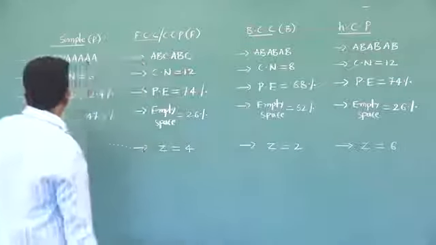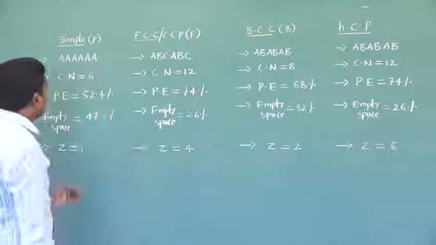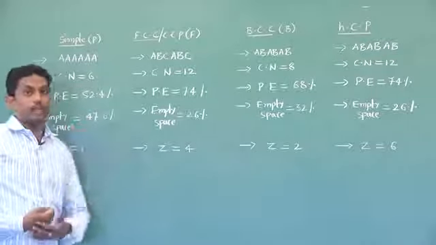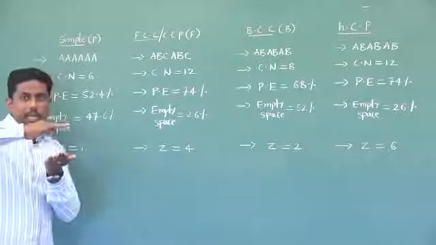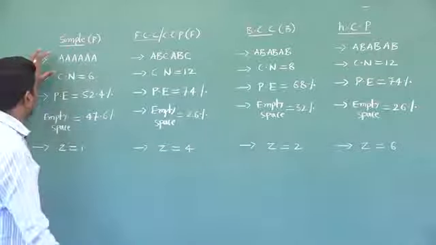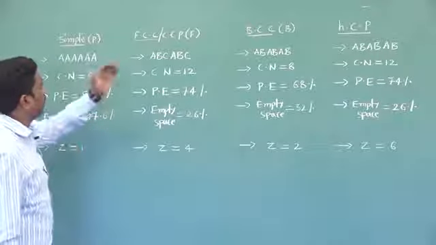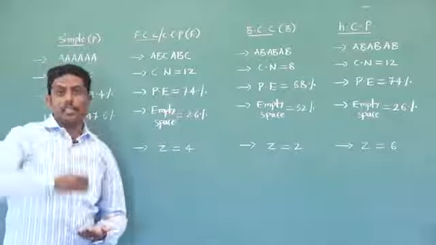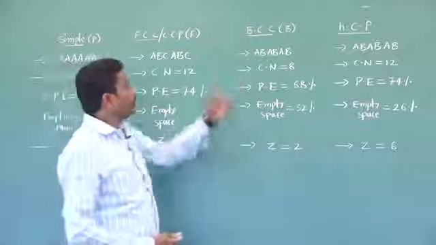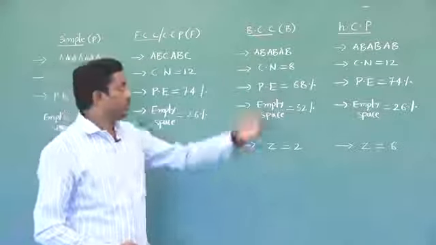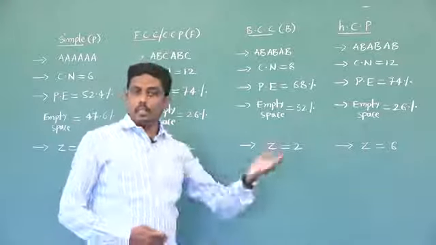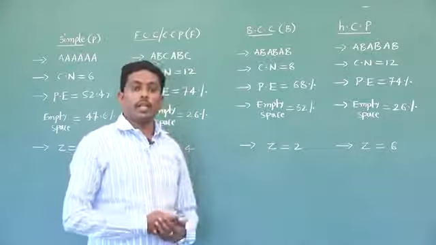First see which type of layers are present. We already observed this in close packing. In simple, all the layers are of the same type, A type layers, whereas in FCC the layers are ABC type, in BCC AB type layers, and in HCP AB type layers.